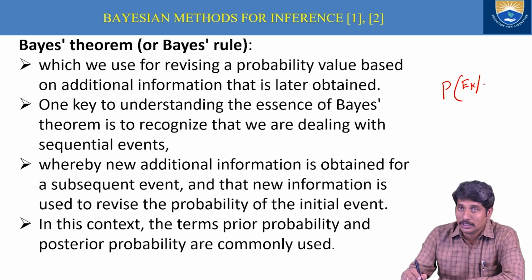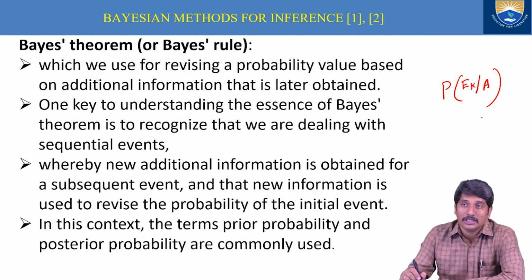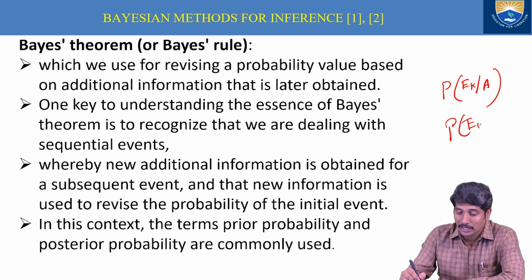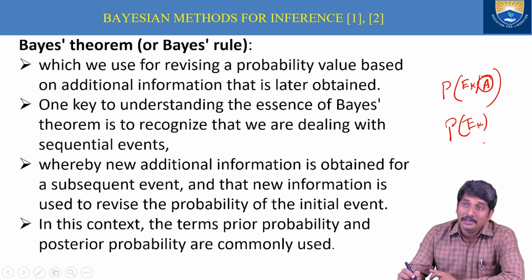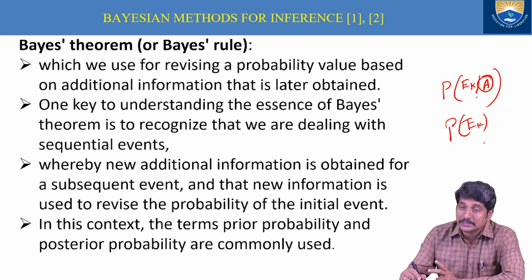What is the probability that the cause is EK, given that A has happened? That means you are revising the probability of EK with the help of the information that A has already happened. In other words, you are checking how far EK is responsible for the happening of A. If A has happened, what is the probability that it is due to EK?